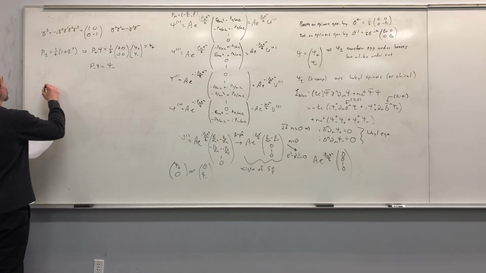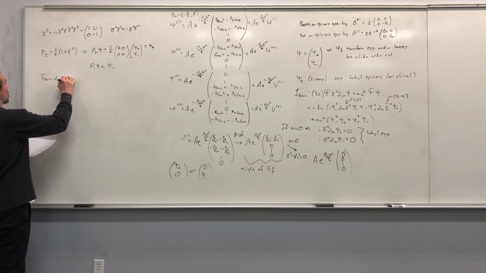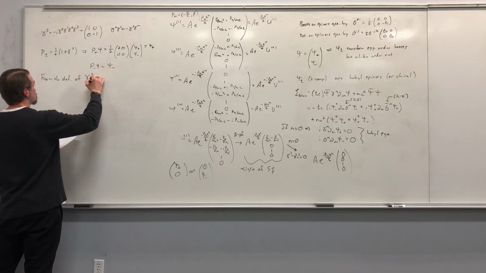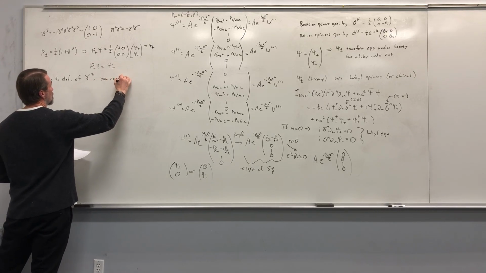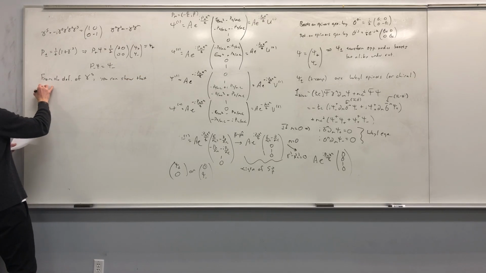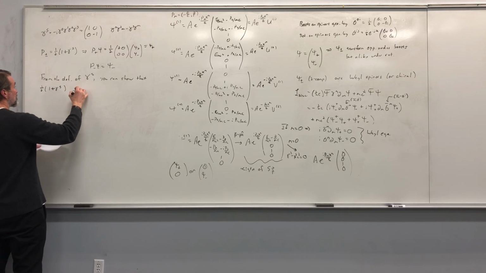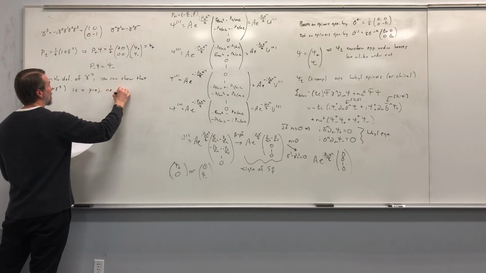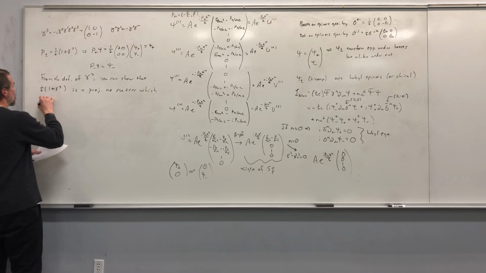Now here's the thing: from the definition of gamma 5, you can show that 1/2 (1 plus gamma 5) is a projection no matter which gamma mu's you use.